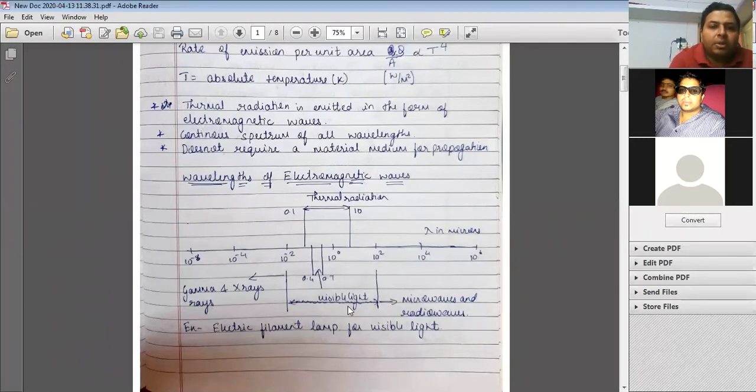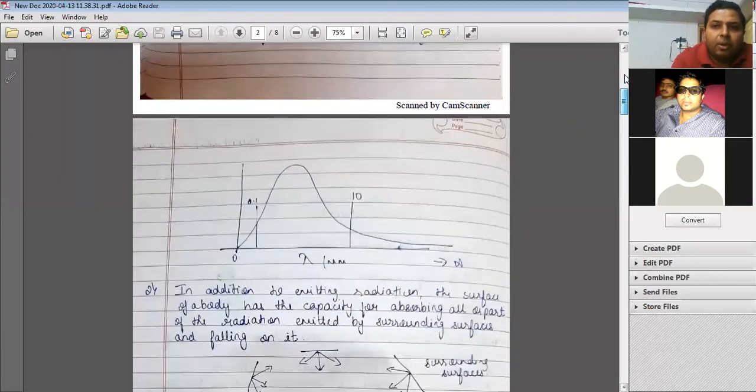Say, for example, visible light from an electric filament light will be in 0.4 to 0.7 microns. When I say the thermal radiation is in 0.1 to 10 microns, that doesn't mean that it is only within that range itself.